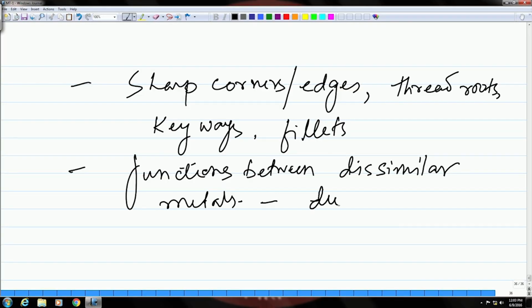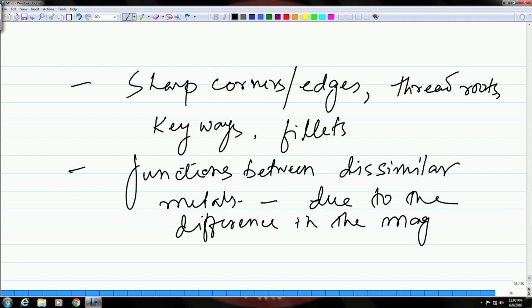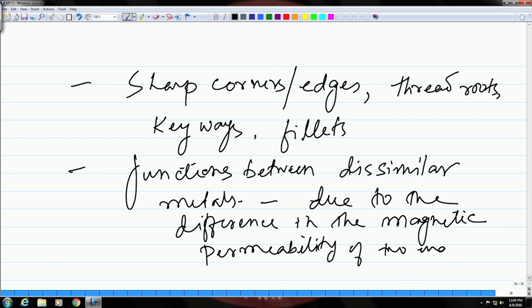This is due to the difference in the magnetic permeabilities between the two materials at the junction.